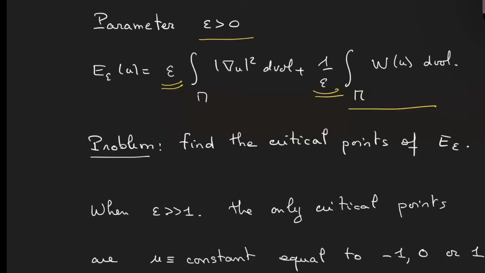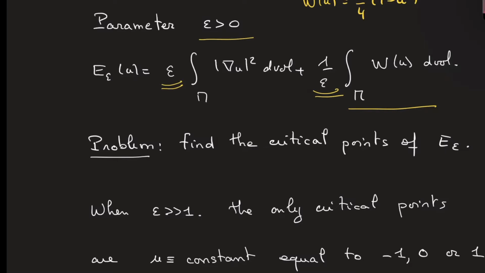Now, in this energy, there are two parts. There is the Dirichlet energy and the potential one, W of u, which I have taken to be 1/4 of (1 minus u squared) squared. Since there is a 1 over epsilon in front of this part of the energy, this will force the solution u to take the value either +1 or -1.